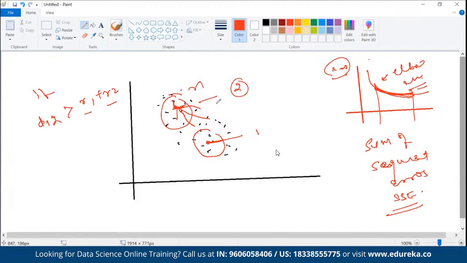If the clusters are really far away, then you say you have come up with the optimized number. This algorithm is pretty easy to understand.